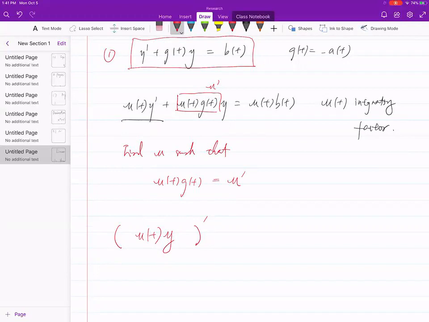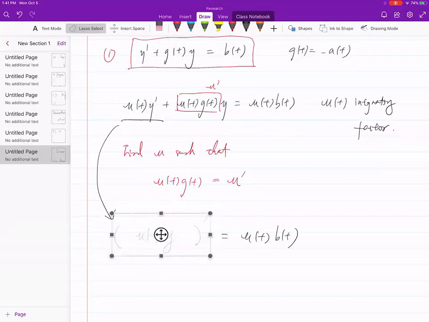And once you have that, this can be done. Still good so far?